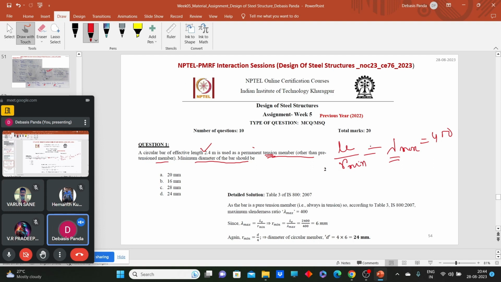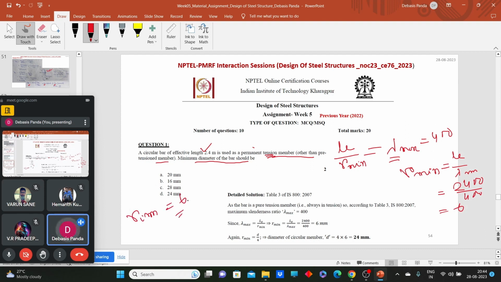If we equate this equation, LE is equal to R minimum into lambda max. So R minimum is equal to LE by lambda max. What is the value of LE? 2.4 meter, that means 2400 mm, divided by 400. That means 6. So R minimum is equal to 6.